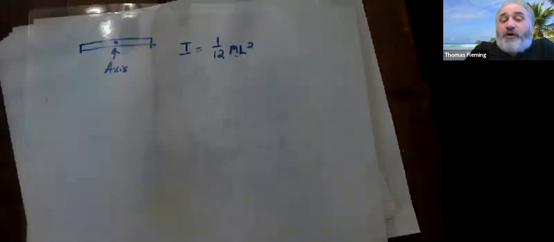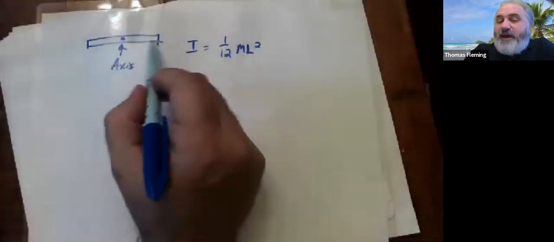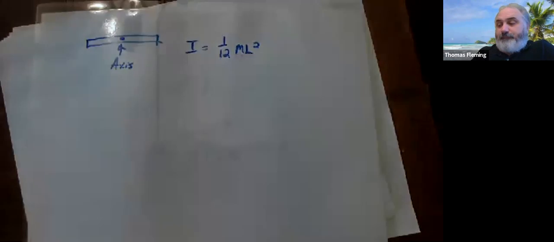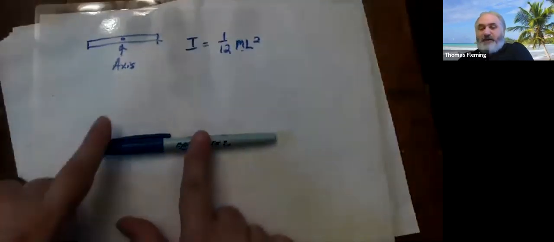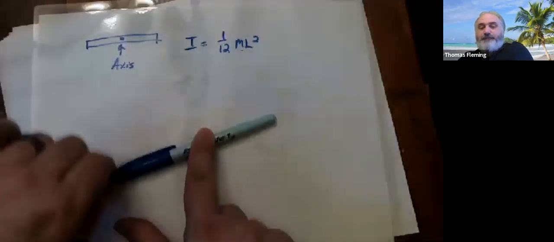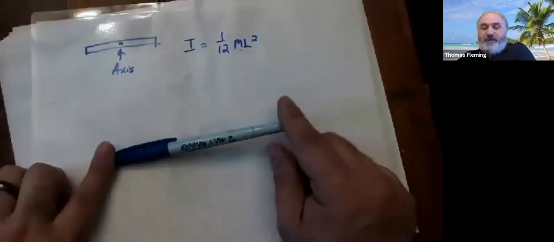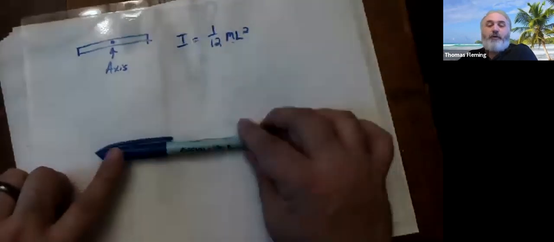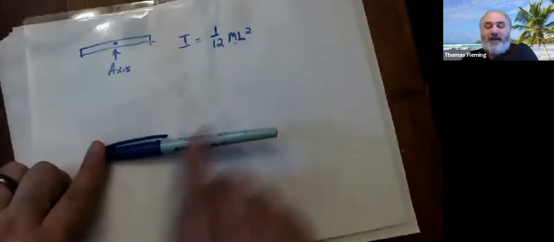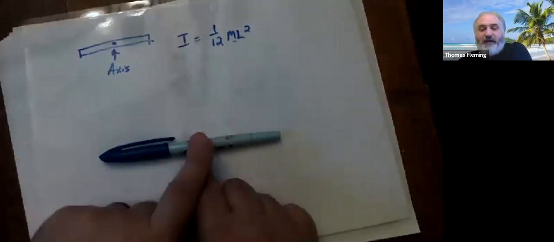Now, unfortunately, that's not the only way I could spin my pen. I could, instead of having the pen pivot around the center, have it pivot around one end. Now, you'll notice that if I pivot around one end, there's going to be some piece of the pen that is half a stick away, just like there was before when I had the axis in the middle.